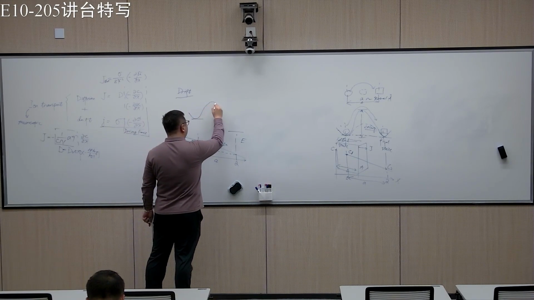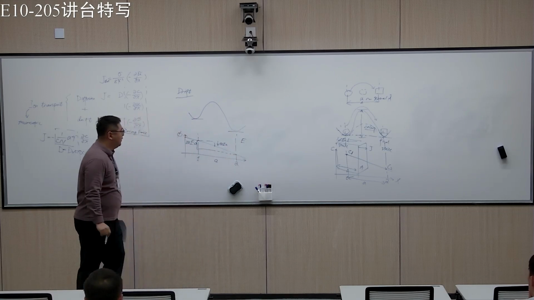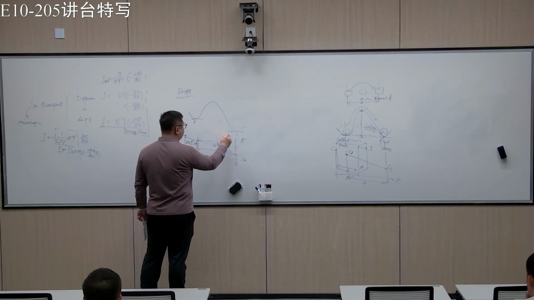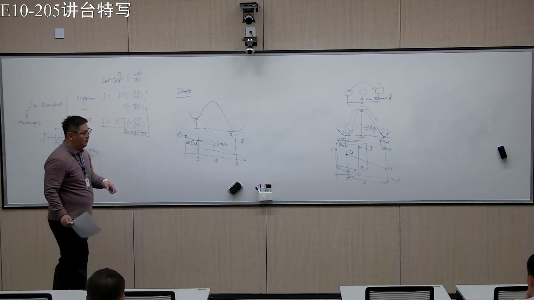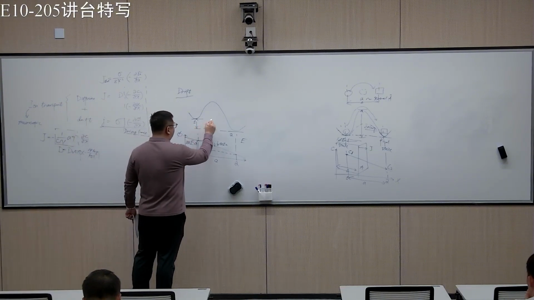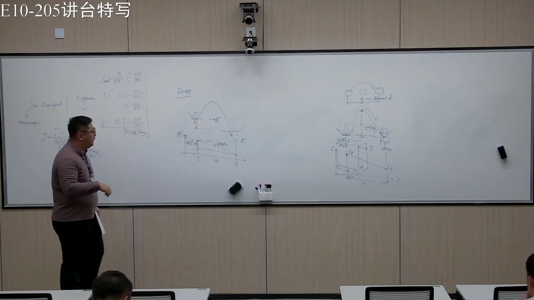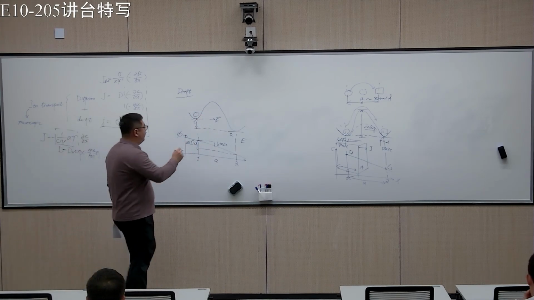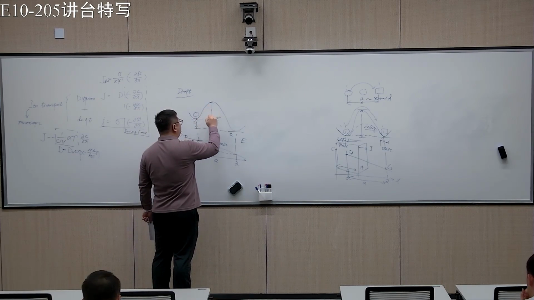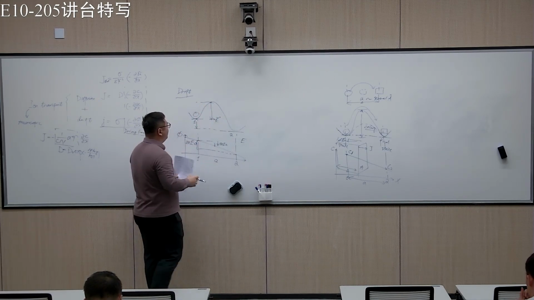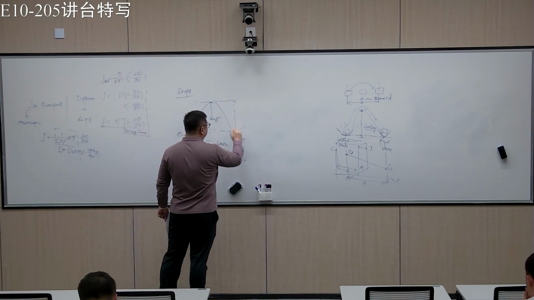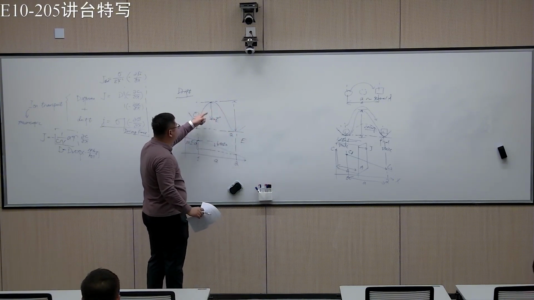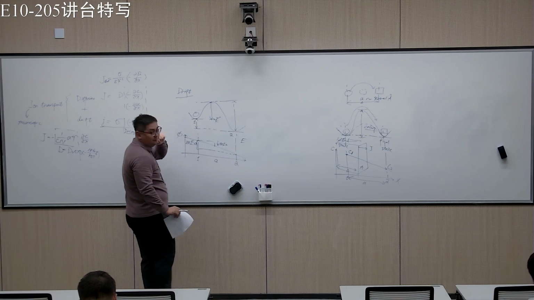Between positions 1 and 2, there is a difference of energy. The electric field is this way, and if you just look at this plot, you will see that the barrier here is lower than the barrier there. From 2 to 1, the barrier becomes higher; from 1 to 2, the barrier becomes lower.